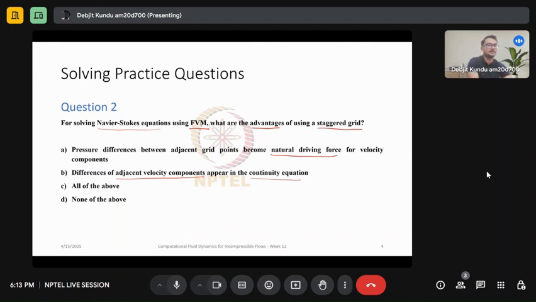Option C being all of the above, so above meaning both A and B, and option D being none of the above. That these are not the advantages of using a staggered grid.